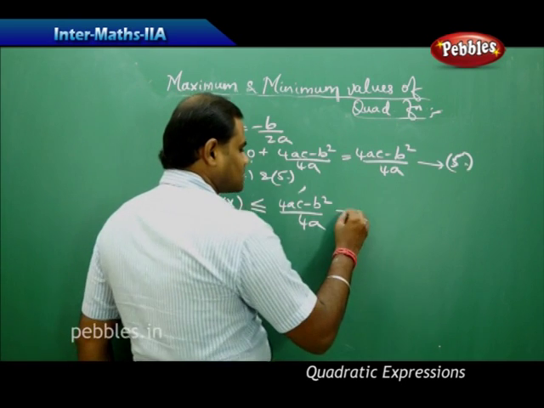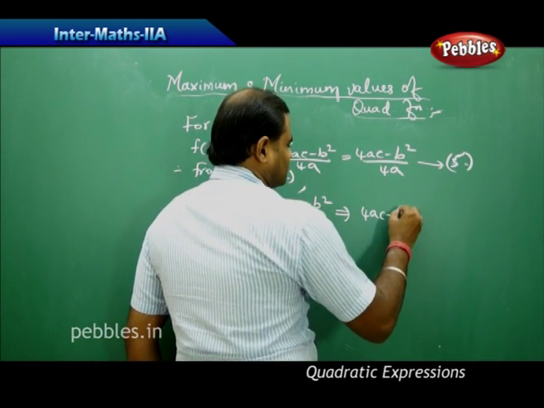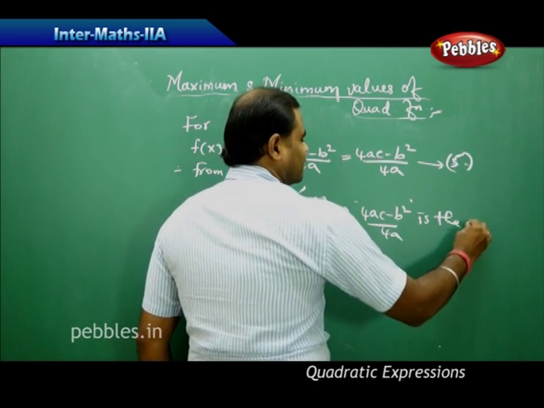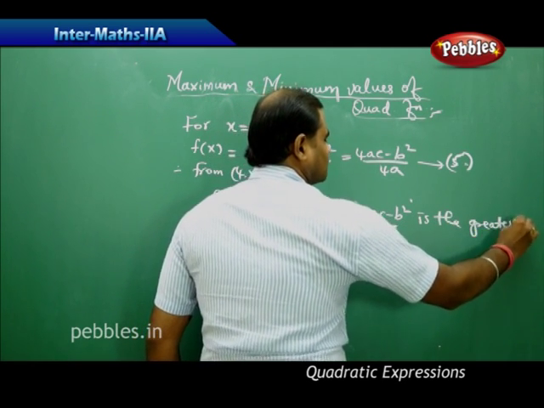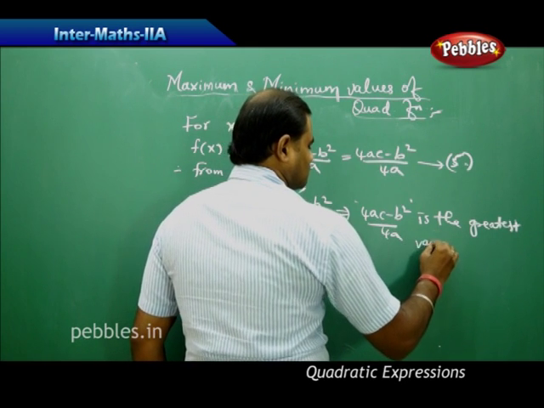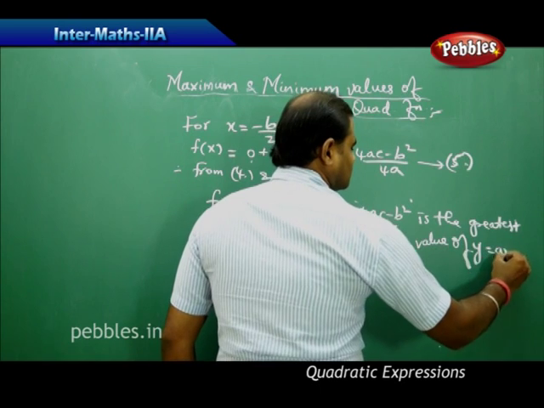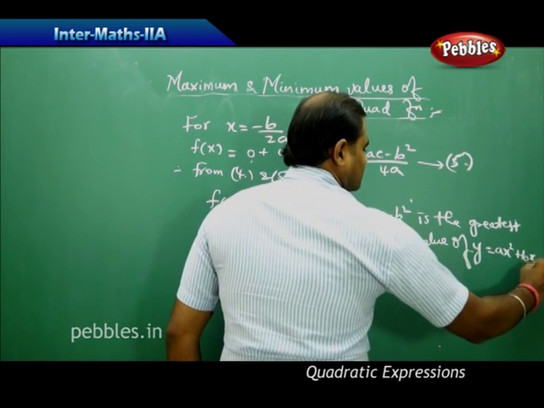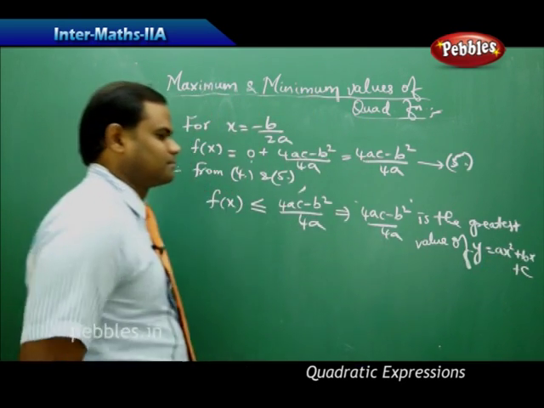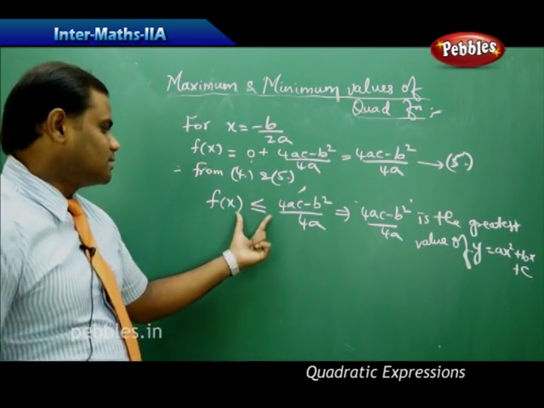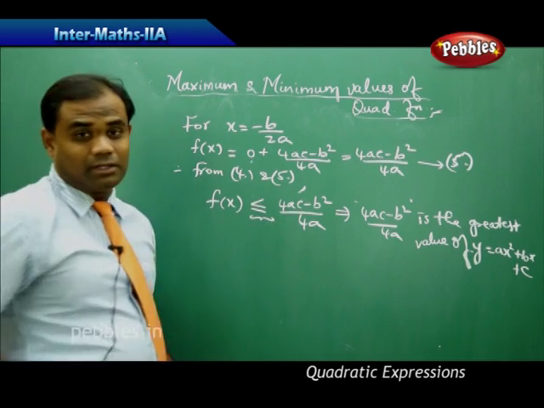So this implies (4ac minus b squared) by 4a is the greatest value of the quadratic function ax squared plus bx plus c. So this is the greatest value, when f of x is less than or equal to.